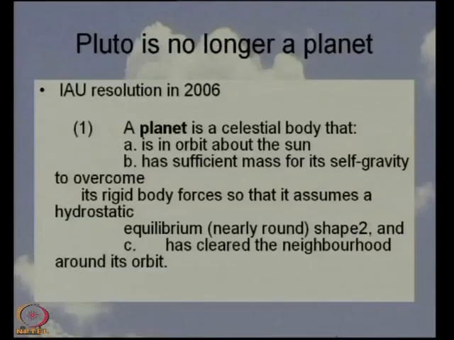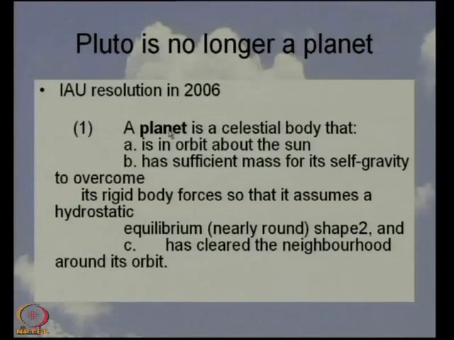Now let us address a related question, as to what happened to Pluto. Why is Pluto no longer a planet? The reason is that there was an IAU resolution, International Astronomical Union, in 2006. Let me summarize the resolutions.